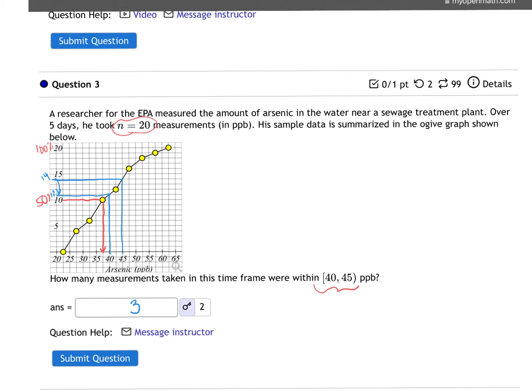This problem is real inconsistent. 90% of the time it gives you what you think the correct answer should be based on that interval, but right here it says the answer should be 2. The only thing I can figure is that they are not including the 45, so do they estimate and drop down to the 44 and then go over just on that and say that's about 2?